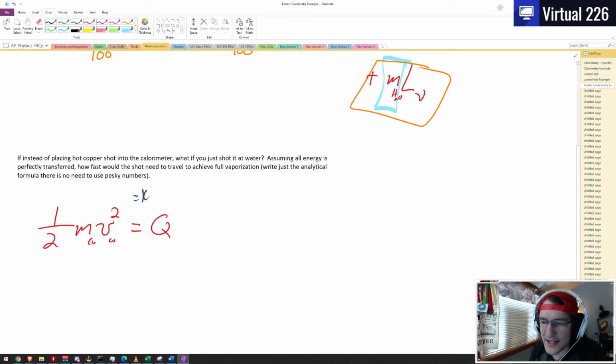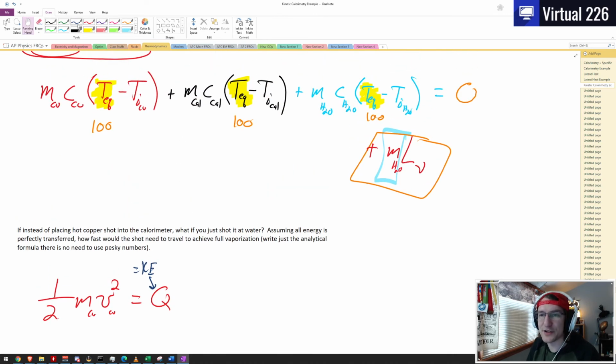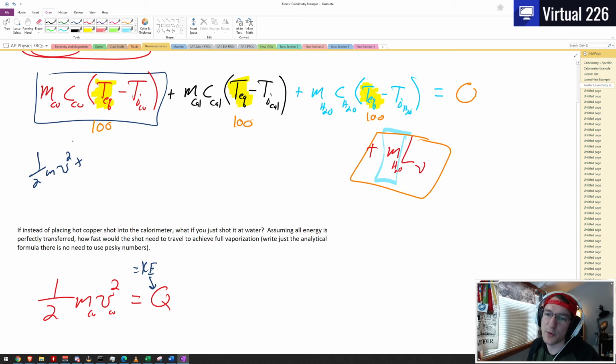Normally, we just call this kinetic energy, but there's no reason that we couldn't call it heat energy as well. And if that's the case, then we could say, hey, look, this heat energy could be added into the system, and it is just another term that pops up here. We could say this is a 1/2 mv squared term that gets added into everything. So not only might it be hot copper shot, but we might be shooting it at the system to do this.